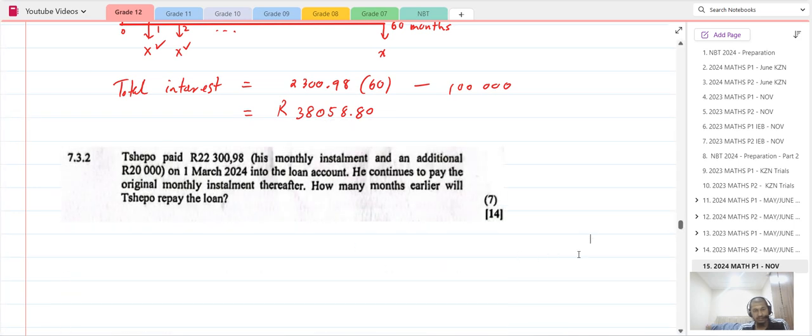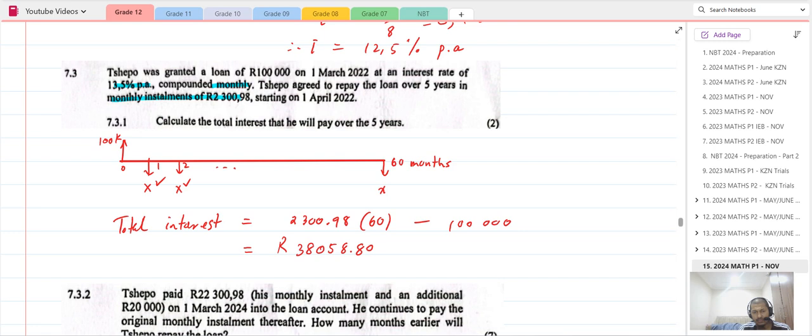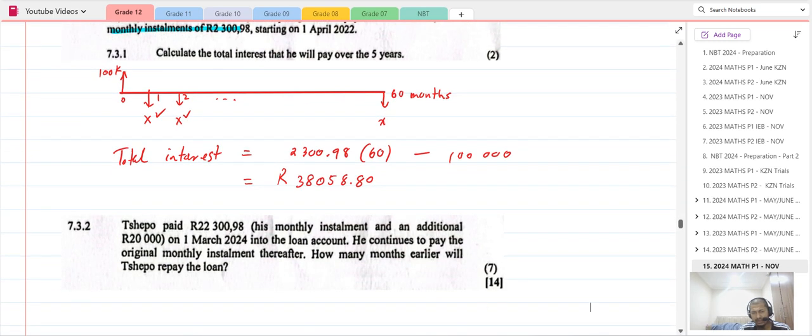Right, so Sepo paid 2,300.98 his monthly installment and an additional 20,000 on 1st March 2024. How did he pay 2,300.98?